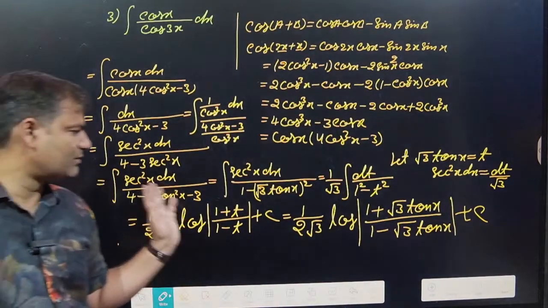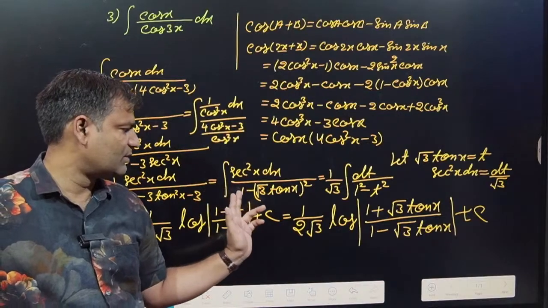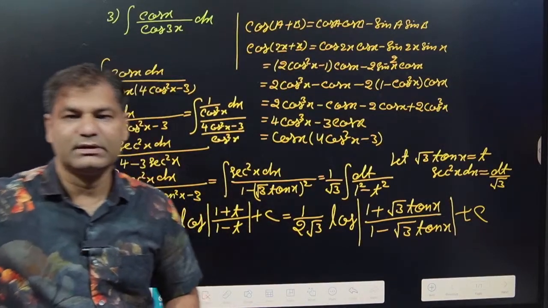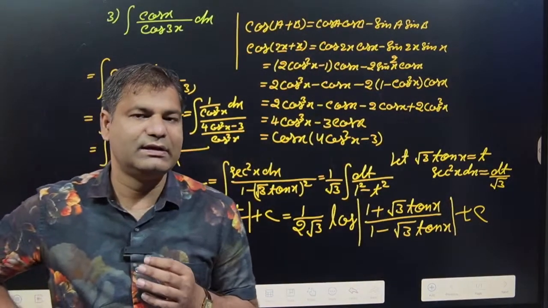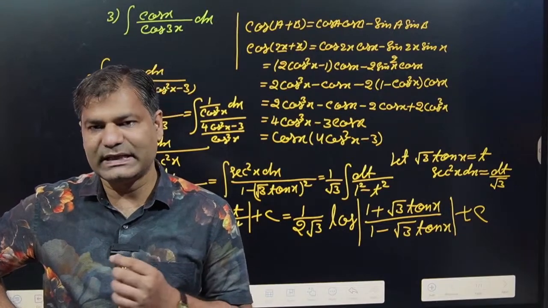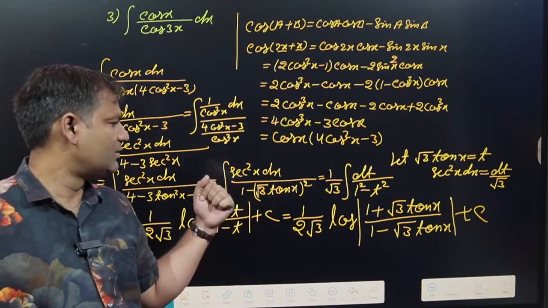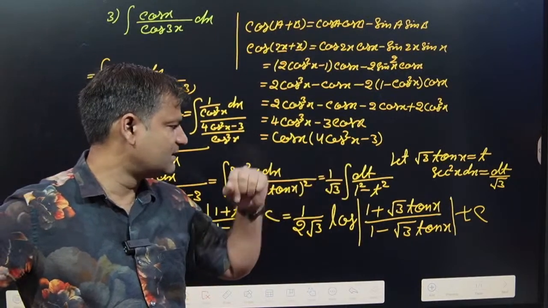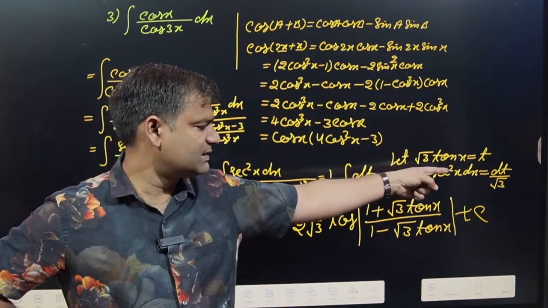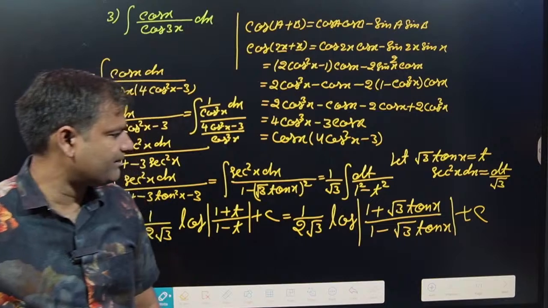After that, solving this, we get 1 minus 3 tan square x, which is written as 1 minus (root 3 into tan x) to the whole square. That part is taken as t, so sec square x dx is replaced by dt by root 3.